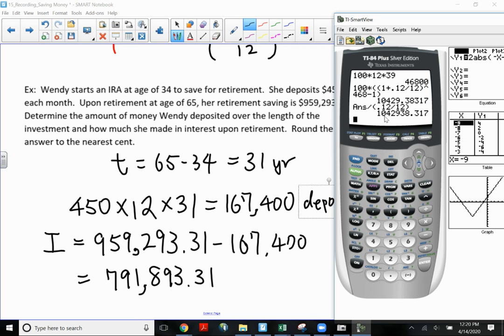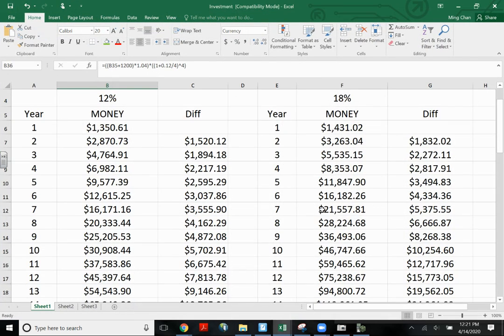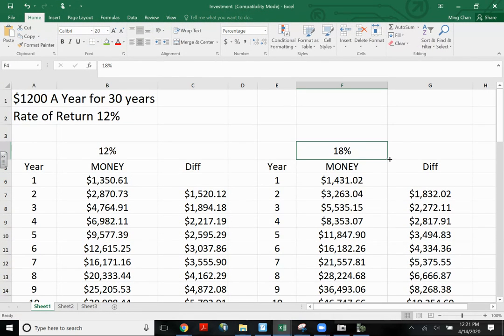Well, Mr. Chen, it's hard to get that 18% you're talking about. Well, think about this. Most credit cards are about 18% or higher. So can you imagine, if you're not paying people 18% in APR, in a way you are kind of receiving 18%.